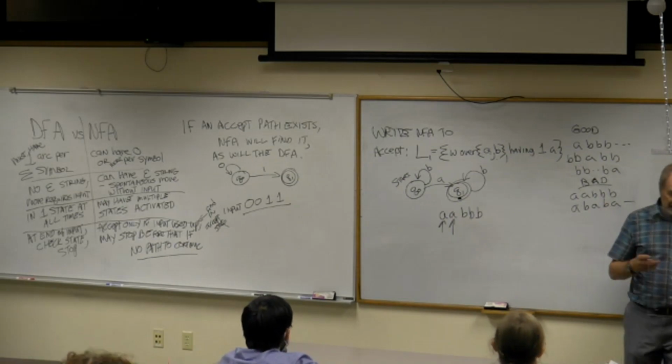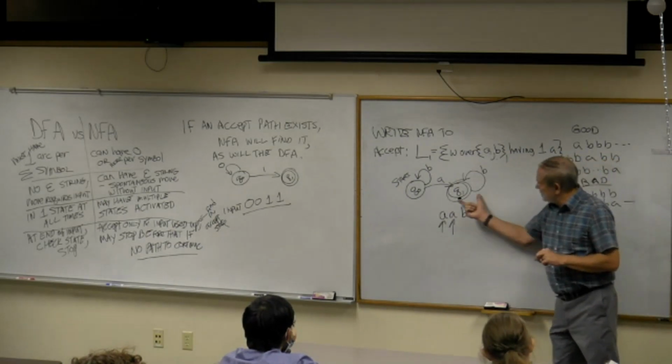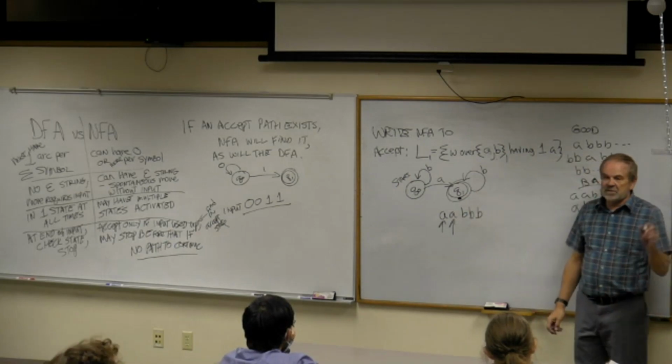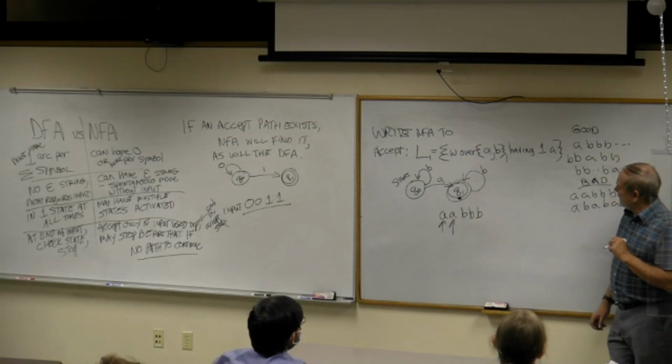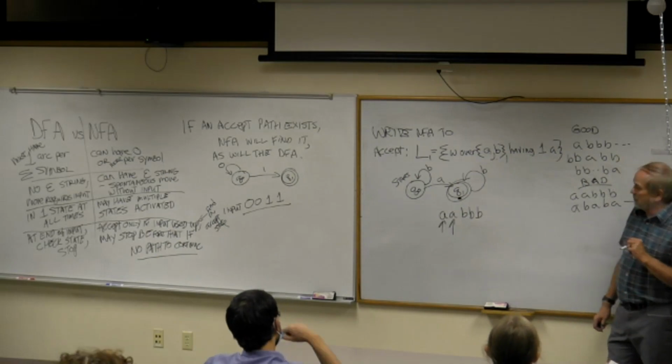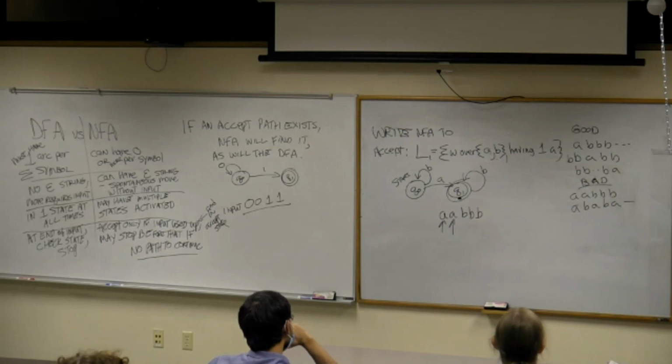But this one, you'll find that it's often easier to use the NFA, especially with some epsilon moves, to prove some points about regular languages and some of the closure. Closure means, in this case, if you take a regular language and you union it with a regular language, you get what?